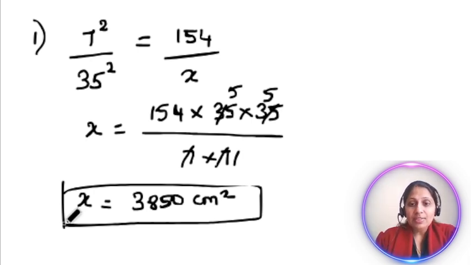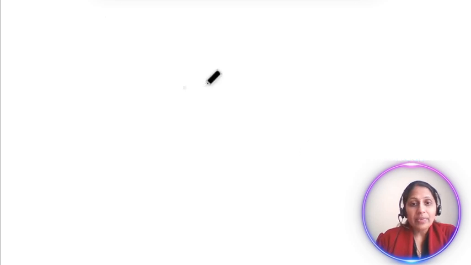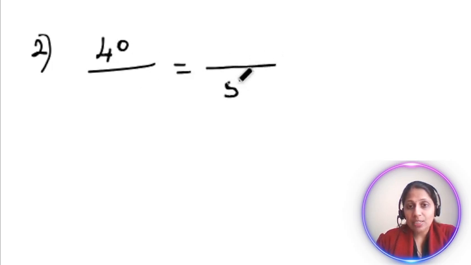Okay, let's go to the second problem, which is: if 40 men complete a piece of work in 5 days, then 80 men can complete the same piece of work in? Here it is inversely proportional because more men take less time. So 40 men can complete in 5 days, and 80 men can complete in how many days?